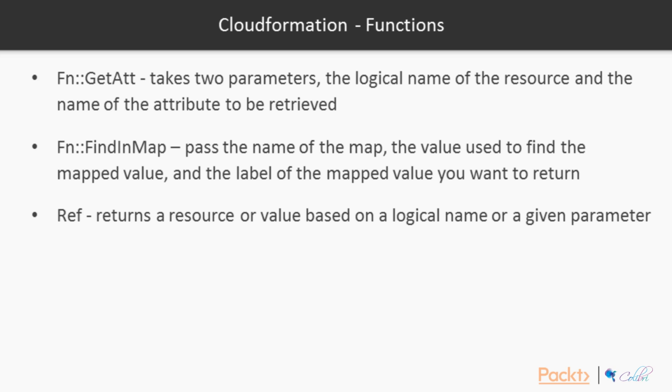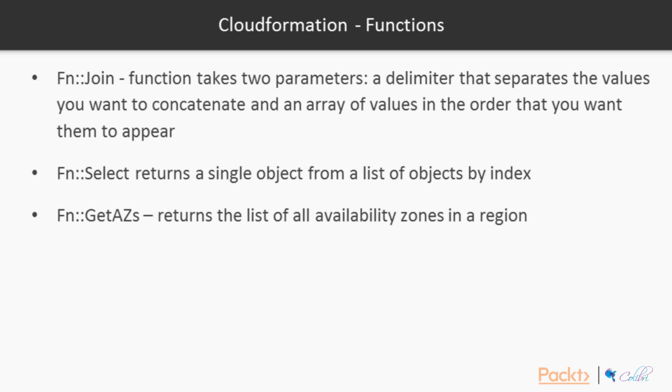Ref is a function that will return a resource or a value based on a logical name or a given parameter. Fn::Join is a function that takes two parameters, a delimiter that separates the values that you want to concatenate, and an array of values in the order that you want them to appear.